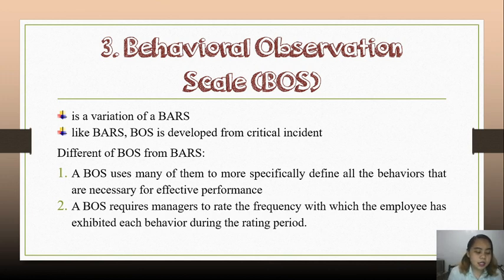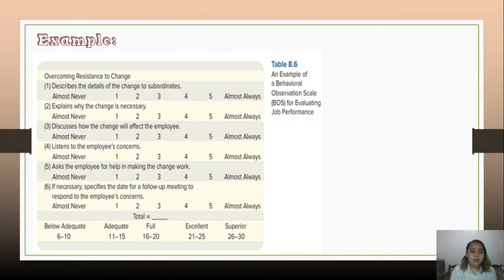Second, rather than assessing which behavior best reflects an individual's performance, BOS requires the manager to rate the frequency with which the employee has exhibited each behavior during the rating period. So for example, an example here is overcoming resistance to change.